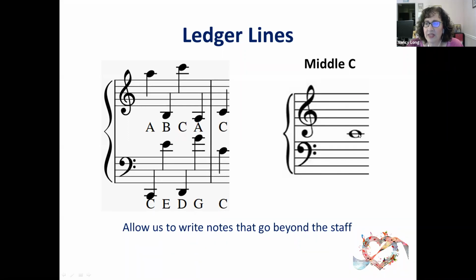It can be written like this on the right, or it can be written like this on the left, where you have the C of the treble clef shown as the first ledger line below the staff, and you have the C of the bass clef that's written as the ledger line on the first note above the staff, and these are the same note. It's exactly the same middle C note. Even though it looks like it might be a different note, it's really the same note.